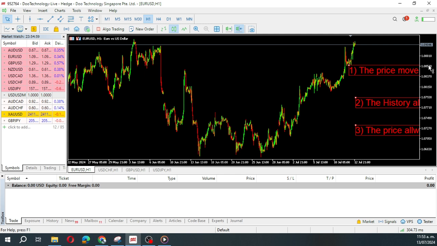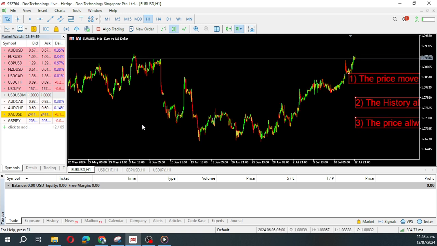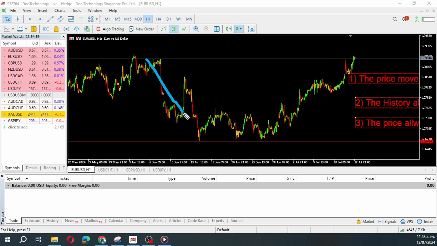We are seeing that the price forms here something that we call a support, right? A support is an area in which the price comes down with a very hard downtrend, right?